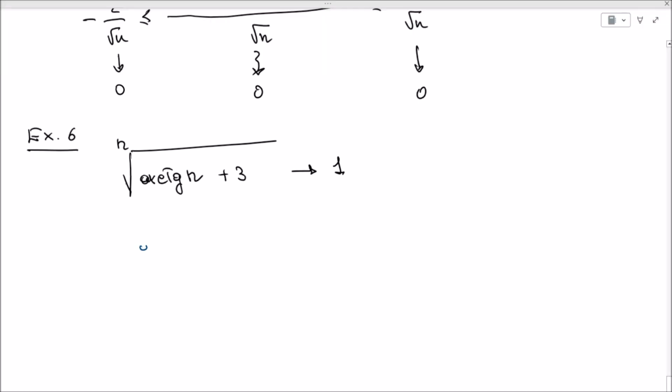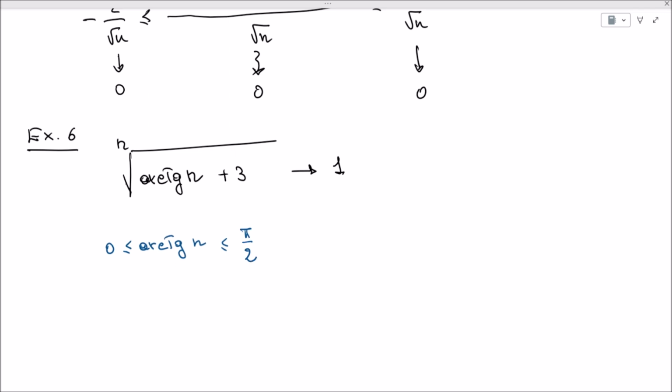Well, we know that the arc tangent of n, for a positive angle n, will always be between 0 and pi over 2.